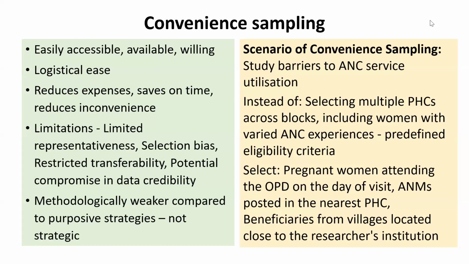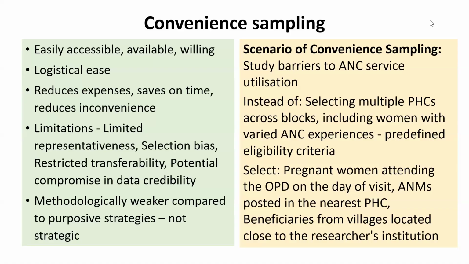Instead of selecting many PHCs across a block or in a district, and including women with different ANC experiences with any predefined eligibility criteria, all you do is say that you are going to select pregnant women on the day you visit the OPD in the PHC, and all the pregnant women who are present there, you are going to include them in the sample.